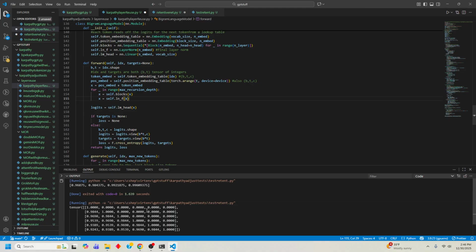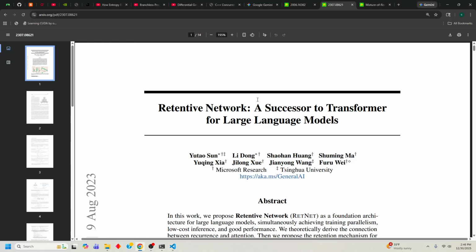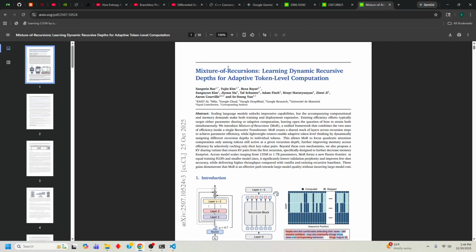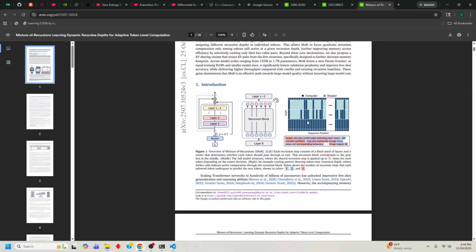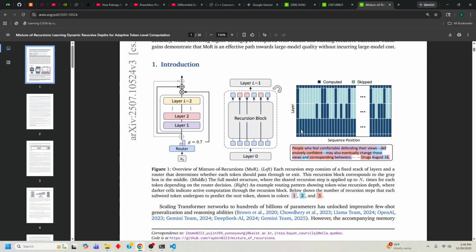But like I said, in the actual mixture of recursions, it learns dynamic recursion, which is basically this picture here, where on the first recursion all of the tokens go through.